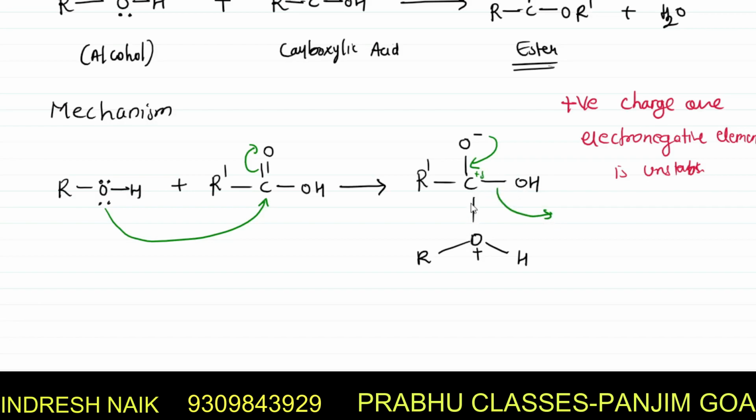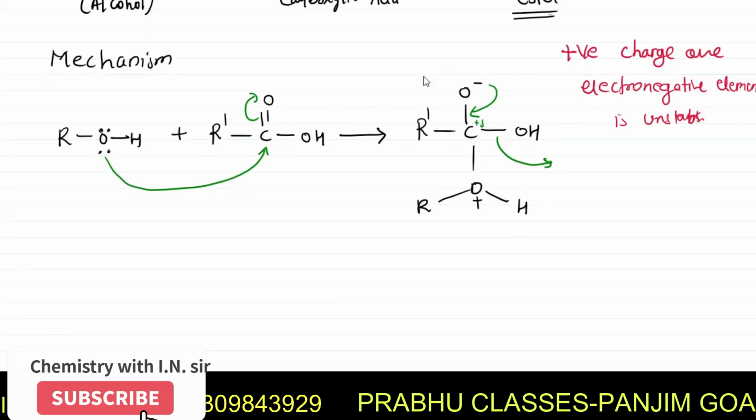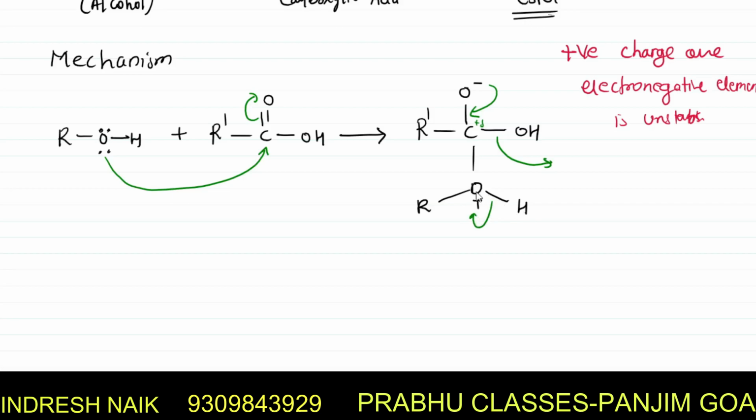Why is this carbon oxygen bond not breaking? If this breaks, we are going to get back the starting material, which is not thermodynamically favored. So that is why the OH is going to form. Also, this hydrogen is going to donate its electron, and this will go as H plus, and this is OH minus.